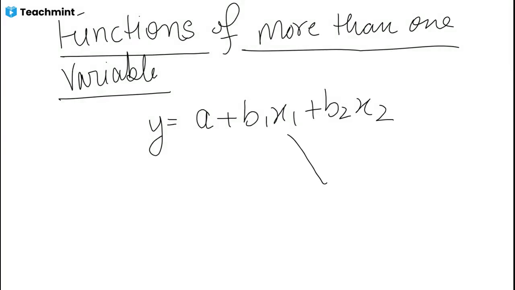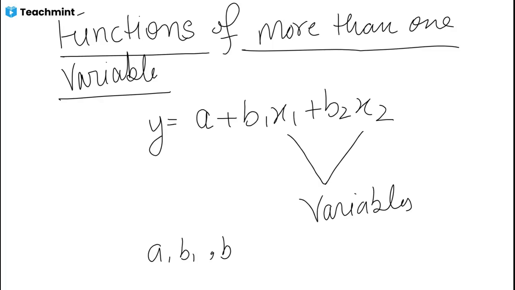We have two variables here, x1, x2, and a, b1 and b2 are constants. It means we can represent it not only in addition form, but also with subtraction, multiplication, and division.